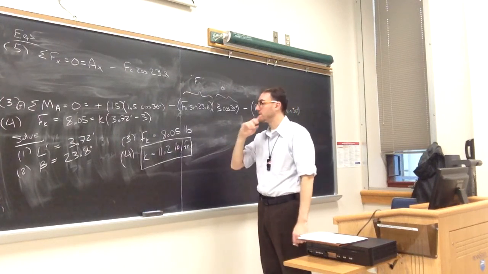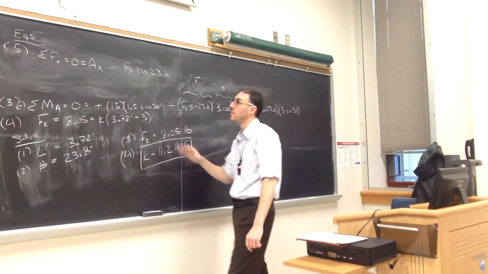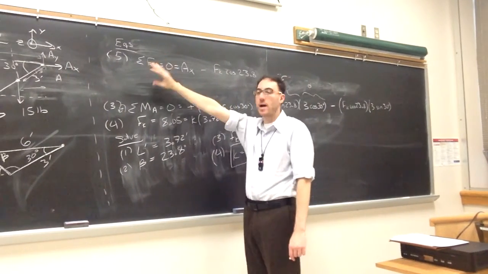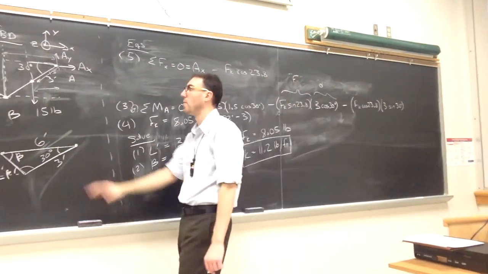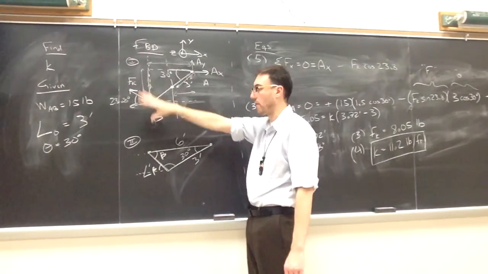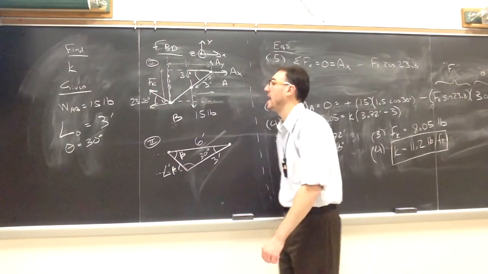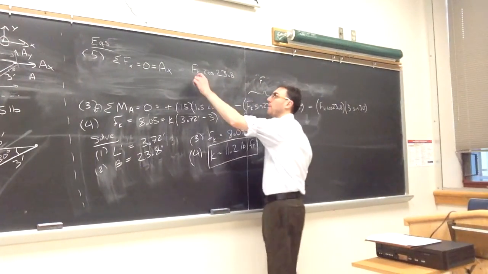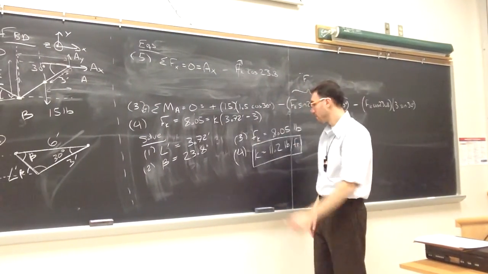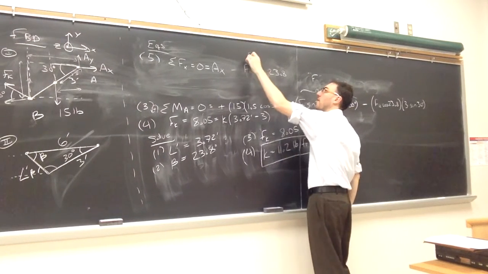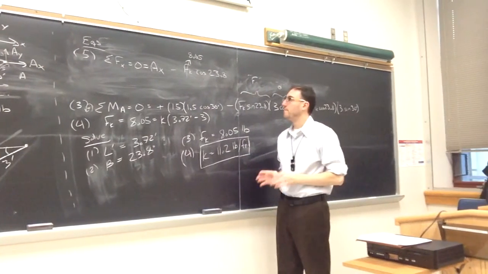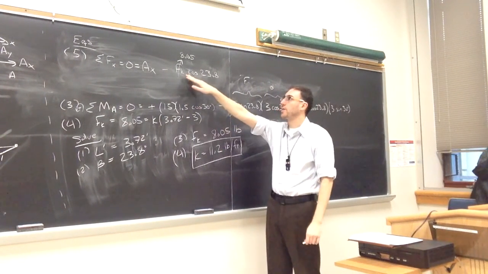At this point, and this is an important thing to look at, even though I know the value of Fk, whenever I write equilibrium equations, I'm only basing it on my free body diagram. I'm still calling it Fk when I write this. Now, I will put in its numerical value of 8.05. I would recommend against starting with the numerical value.